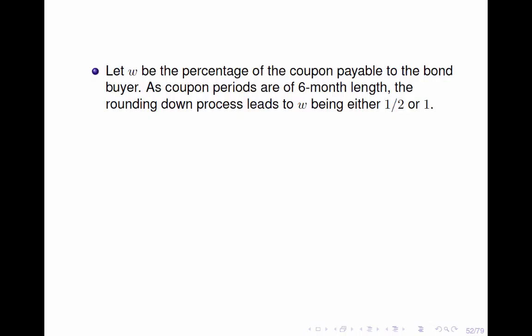Now let's calculate the claim price of a coupon bond with $1 face value and 6% yield to maturity. Let W be the percentage of the coupon payable to the bond buyer. As coupon periods are of 6 months length, the rounding down process leads to W being either half or 1.